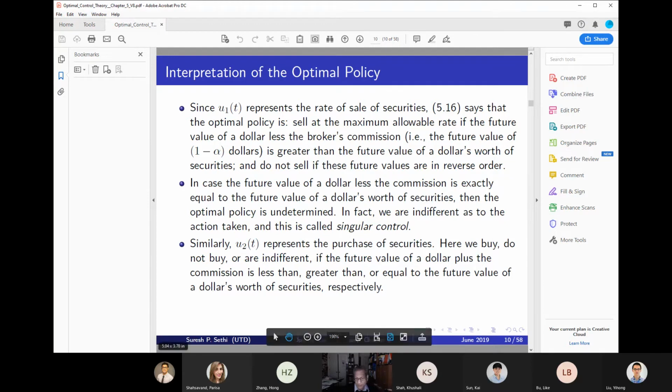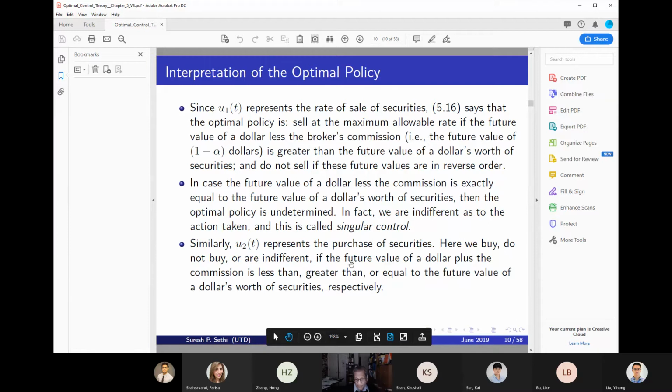Similarly, U2 represents the purchase of securities. Here we buy, do not buy, or are indifferent, if the future value of $1 plus the commission rate is less than, greater than, or equal to the future value of $1 worth of securities. So you can sort of see here, it is similar to the thing here, but you can see what's going on.